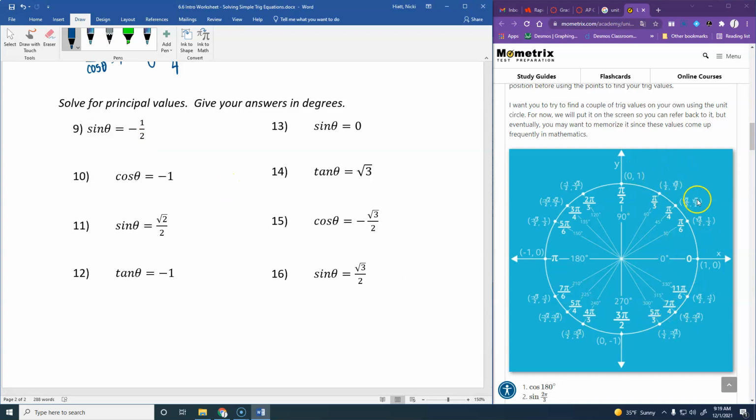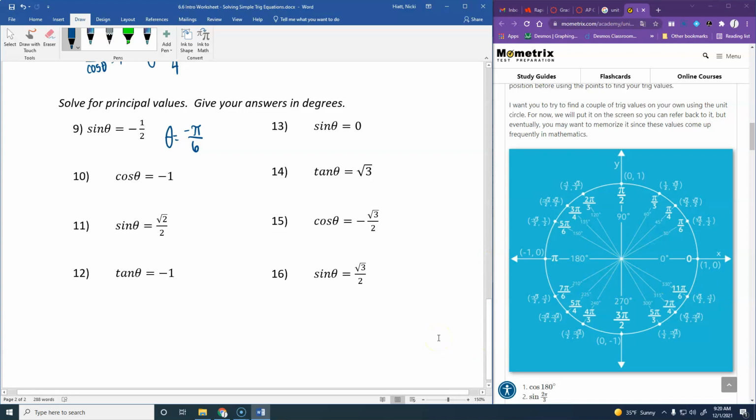So we can see right here, at 11 pi over 6, we have a sine that is negative 1/2. However, principal values are from negative pi over 2 to positive pi over 2. So instead of calling this 11 pi over 6, we're going to call it negative pi over 6. So theta is going to equal negative pi over 6.